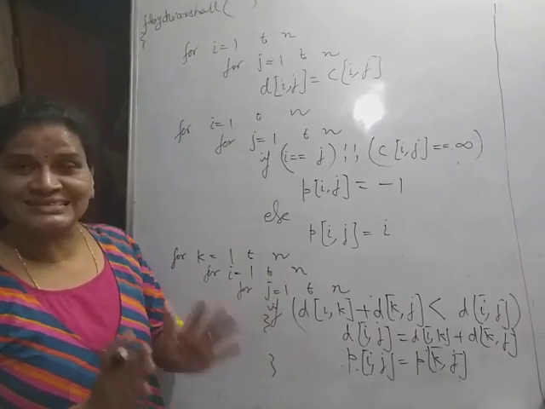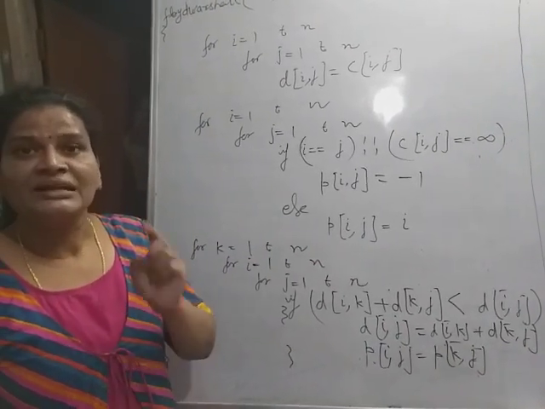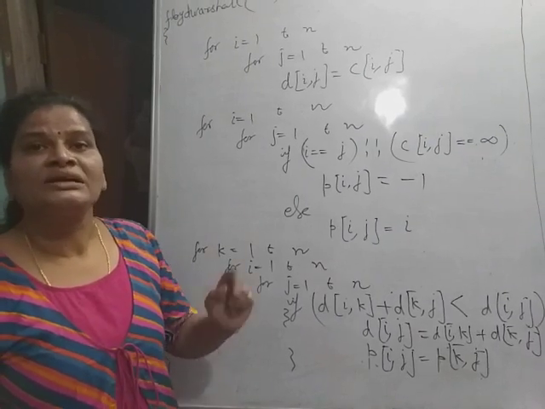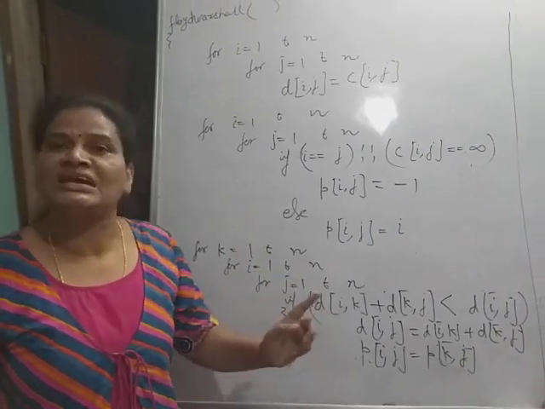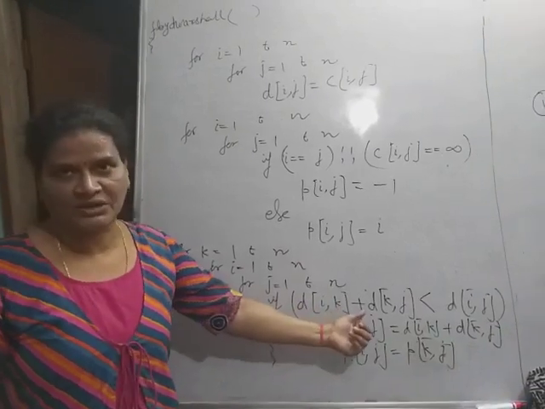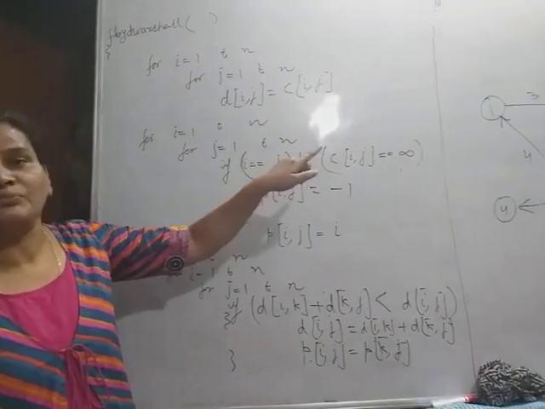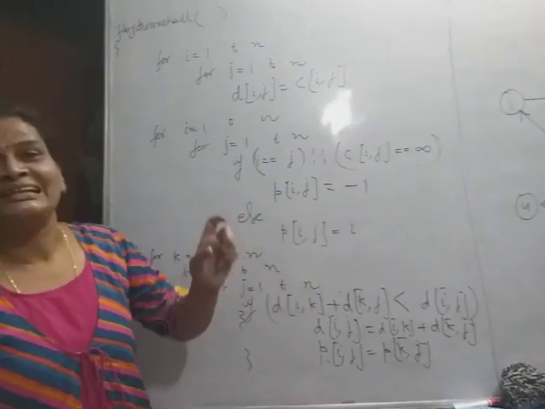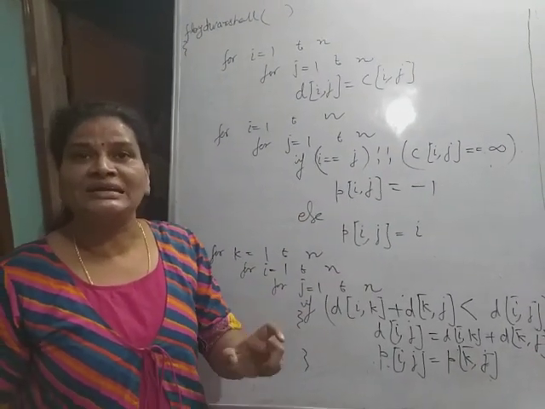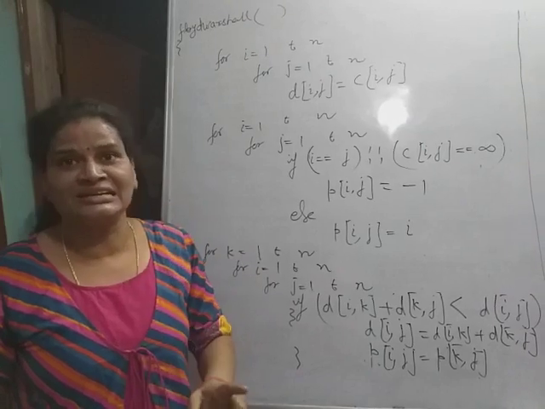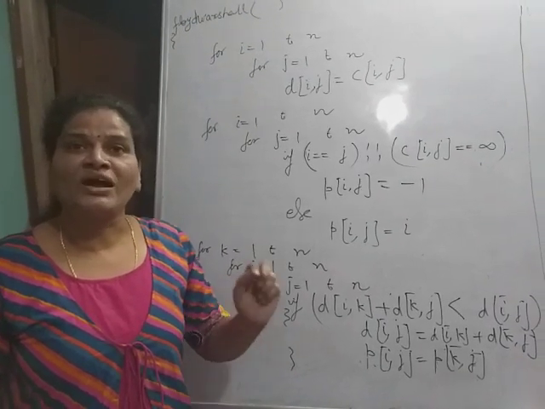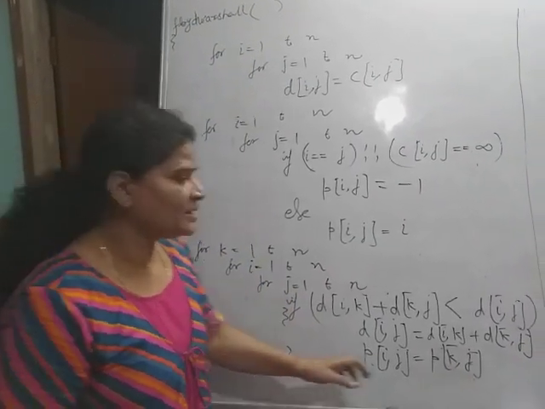When you compute the distance matrix according to this algorithm, you also compute the ii or jj entry with the same formula. Okay, you don't leave it. I will tell you why: because if a negative weight cycle exists, then at some particular time you get a negative diagonal element. It means the Floyd-Warshall algorithm is not working properly.